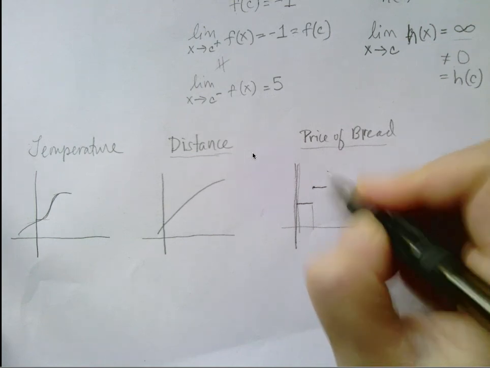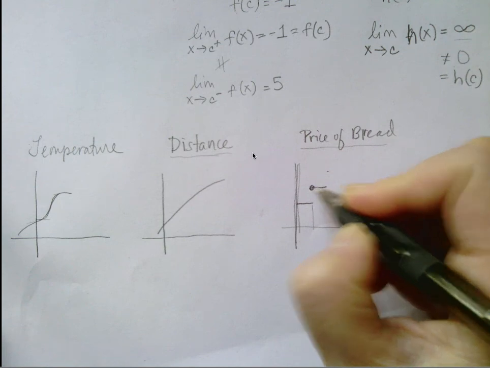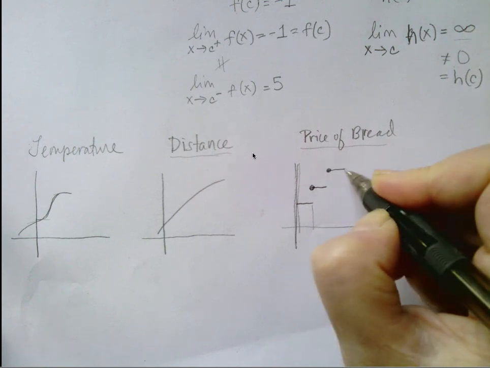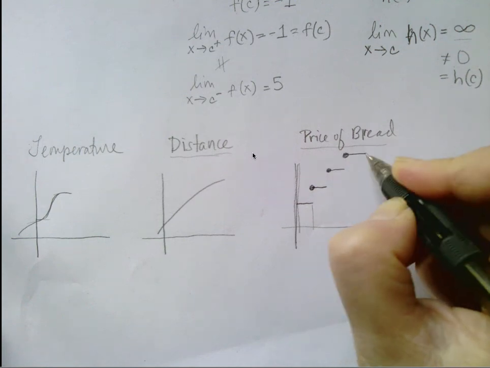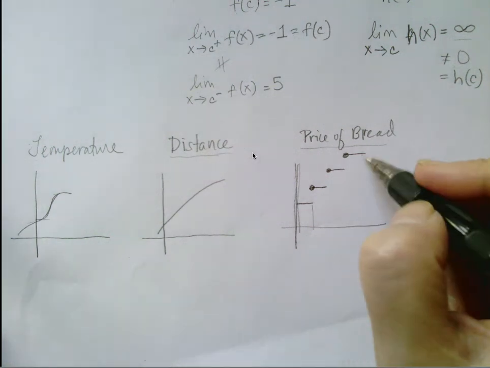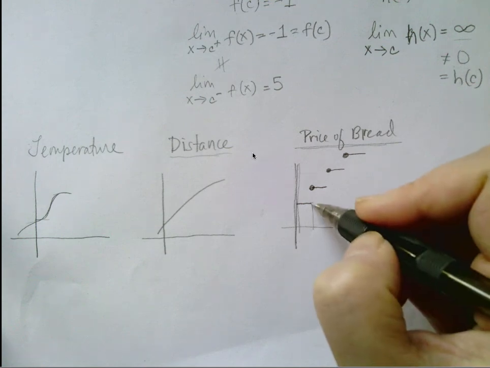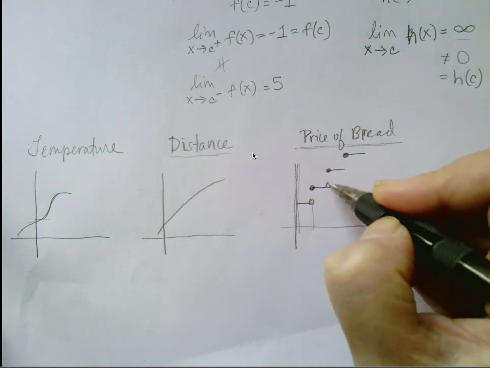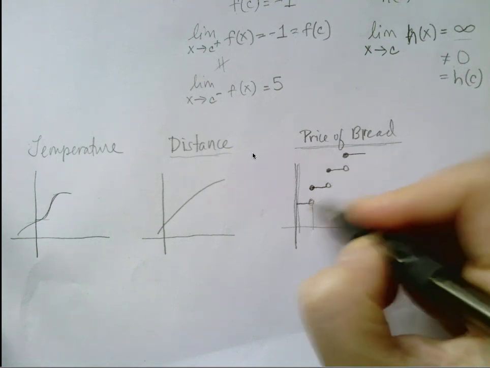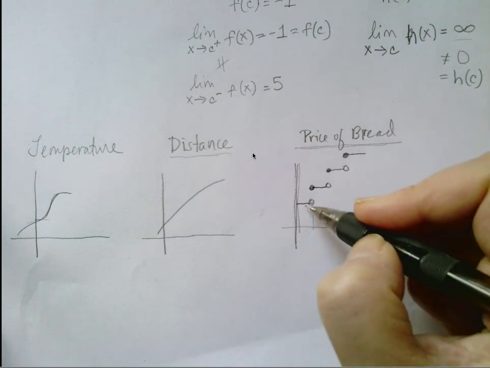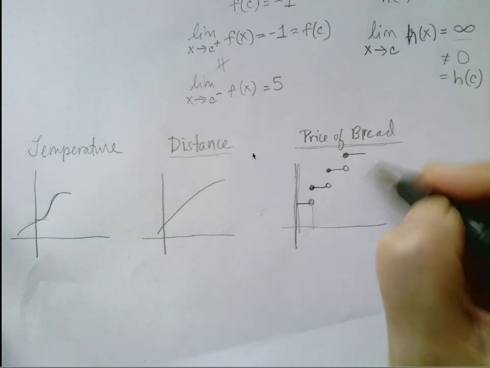Maybe it goes up a bit every year. But something like the price of an item, generally speaking, won't be a continuous function. It'll behave like this. It'll increase, perhaps, but discretely.